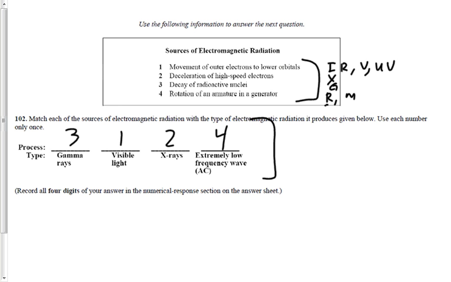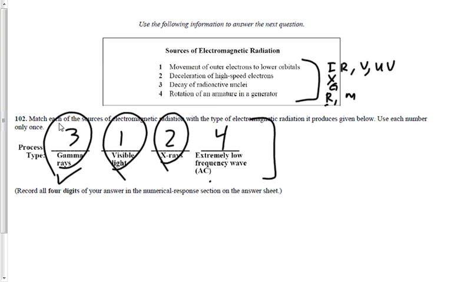So let's see if we can match this up now. Gamma rays are going to be the third one. That's good. Visible light is going to be the first one. That's good. X-rays is going to be the second one. That's good. Extremely low frequency waves. I don't like that terminology at all. There is no real such electromagnetic wave as an AC wave.